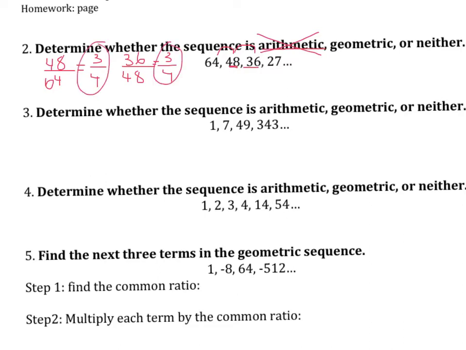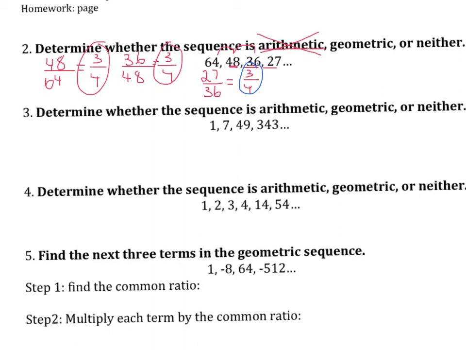Let's see if it's the same between our last two terms, 36 and 27. So we take 27, put it on top of 36. If we divide each of those by 9, we're going to get 3 over 4.